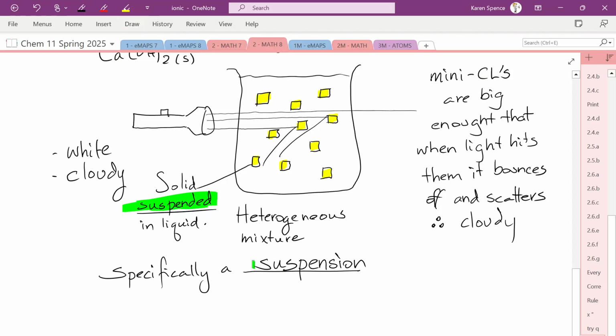Because it has solid suspended in the liquid. Yes? And suspensions will always be cloudy.